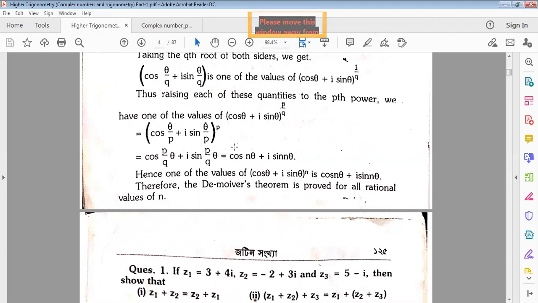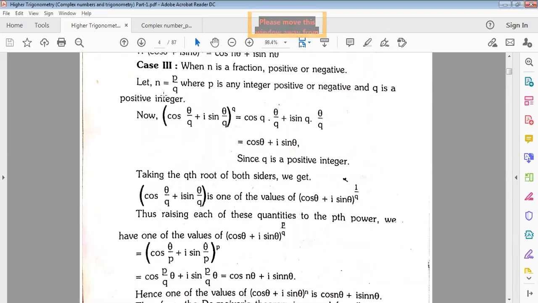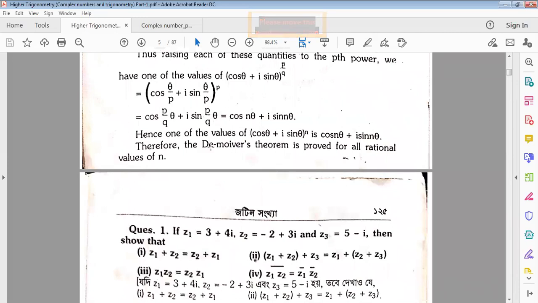But p by q means what? n, we considered here n. This is why for all 3 cases we prove that (cos theta + i sin theta) to the power n equals cos n theta + i sin n theta. Therefore, de Moivre's theorem is proved for all rational values of n, including positive and negative.